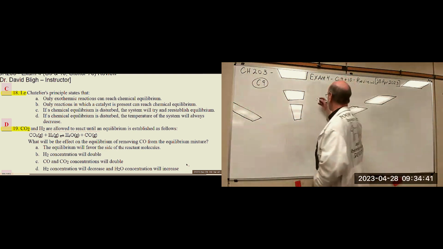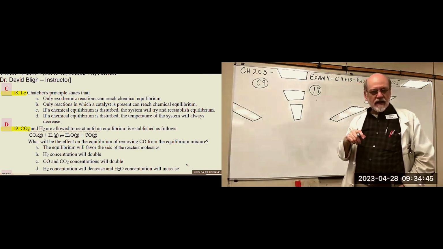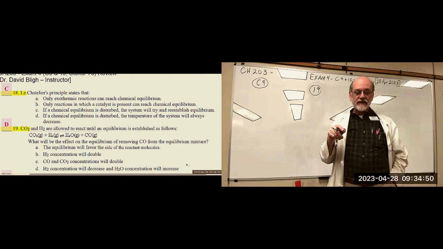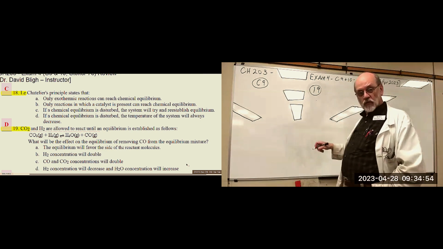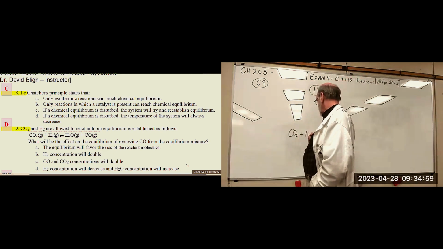19. Carbon dioxide and hydrogen are allowed to react until an equilibrium is established as follows. Okay, so this is our reaction equation. CO2 plus hydrogen.